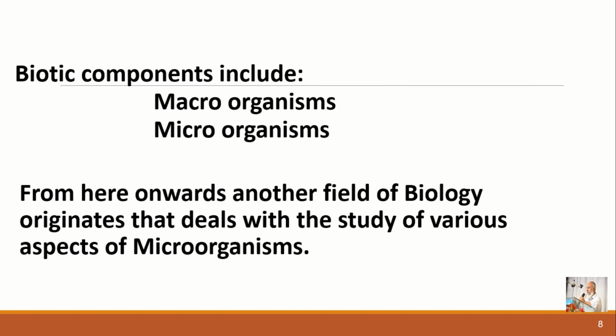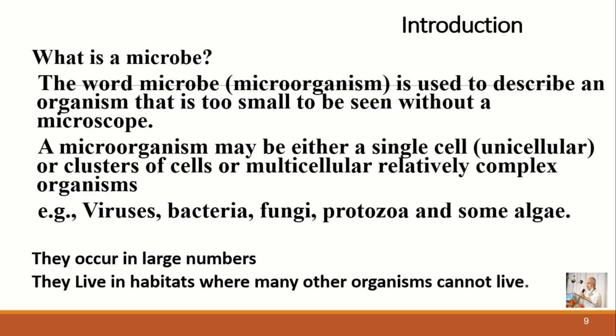Biotic components may be macroorganisms or microorganisms. Macro means large animals; micro means those which are microscopic. From here onwards, another field of biology is born that deals with the study of various aspects of microorganisms. So the study of microbes, the study of microorganisms, is microbiology.